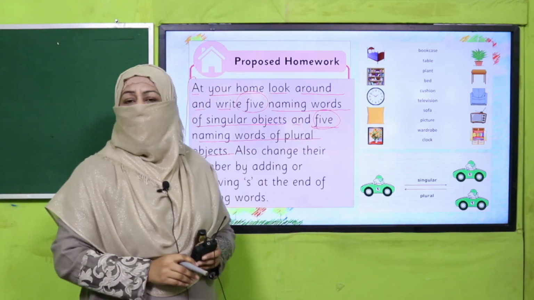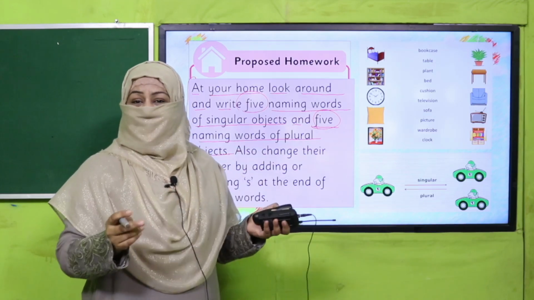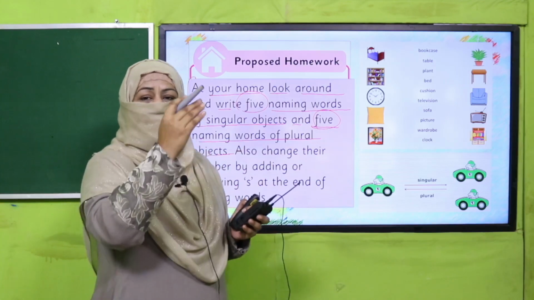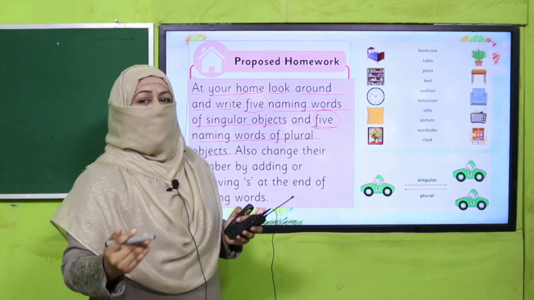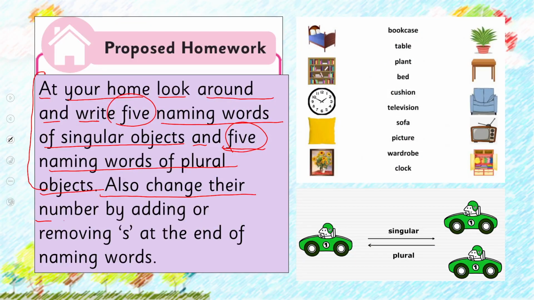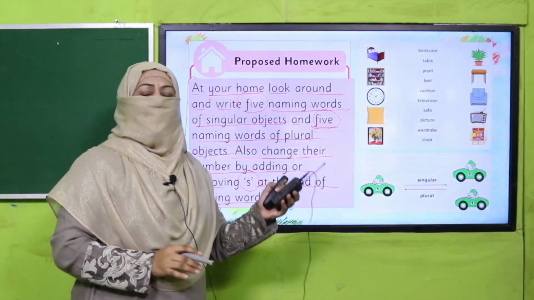For example, you have 2 bedrooms, you have 10 chairs, so you have to list 5 singular and 5 plural naming words. And in next step, also change number by adding or removing s at the end of the naming words. So singular you have to make plural and plural you have to make singular.